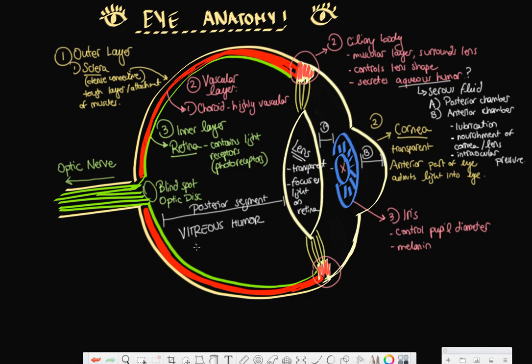The vitreous humor is more of a transparent jelly than a fluid like the aqueous humor. It is important for maintaining eye structure. It also contains phagocytes, which are cells that eat up any cell debris, phagocytize them, and break them down for protection. So, phagocytosis of cell debris.